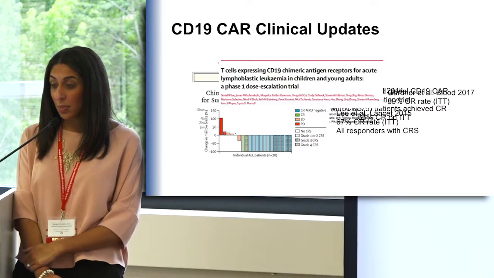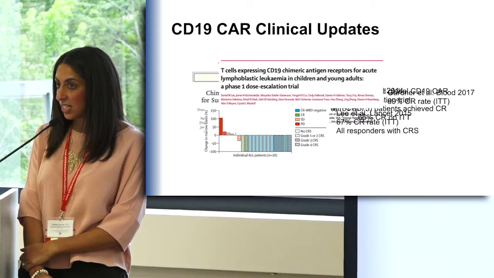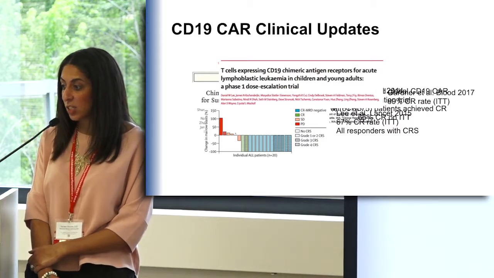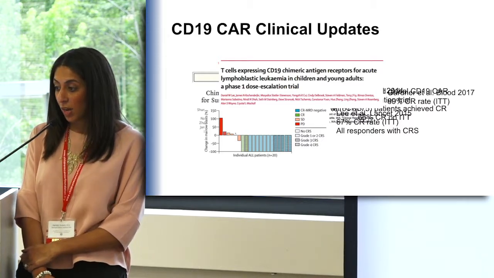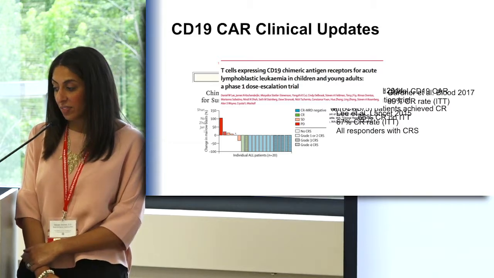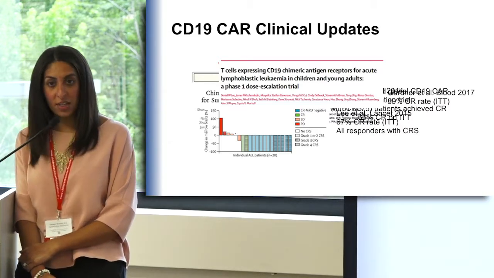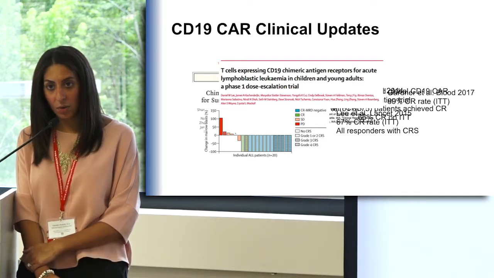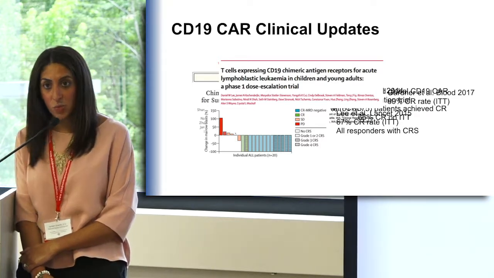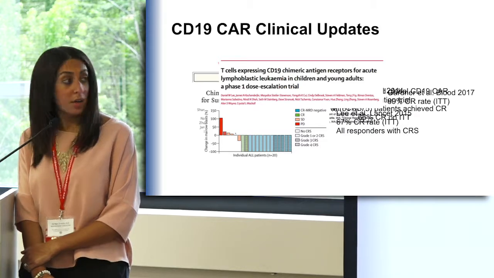This prompted a more global CD19 registration trial sponsored by Novartis using the CHOP construct, and 61 of 75 patients on this study achieved a complete remission. The intent to treat was on par with our study, with 66% of patients achieving a CR.